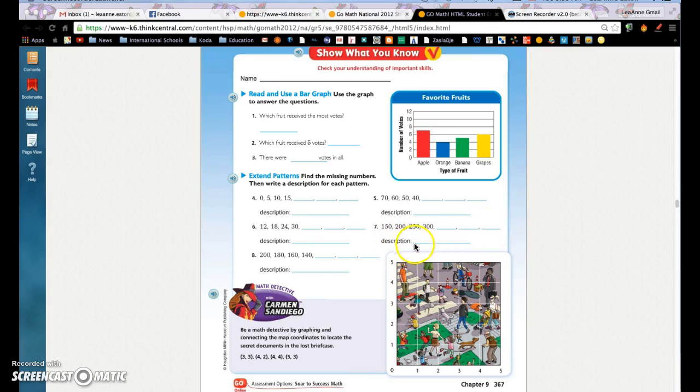The description again, add 50 or plus 50. And then the last one, we have 200, 180, 160, 140, 120, 180. The description is subtract 20 or minus 20.